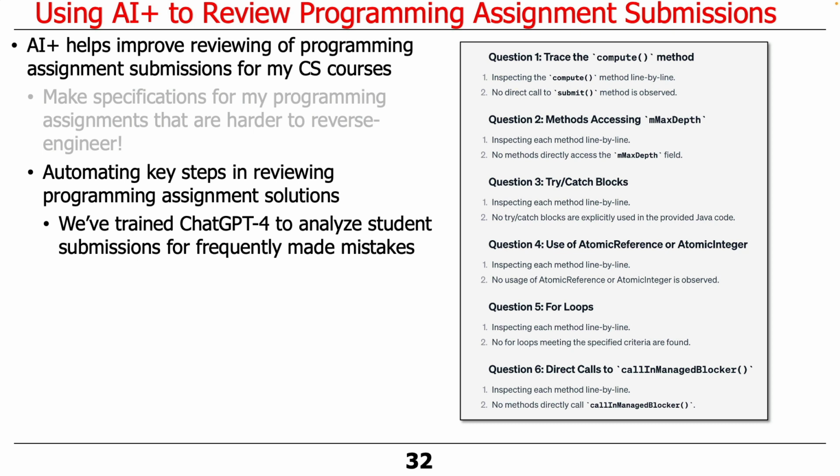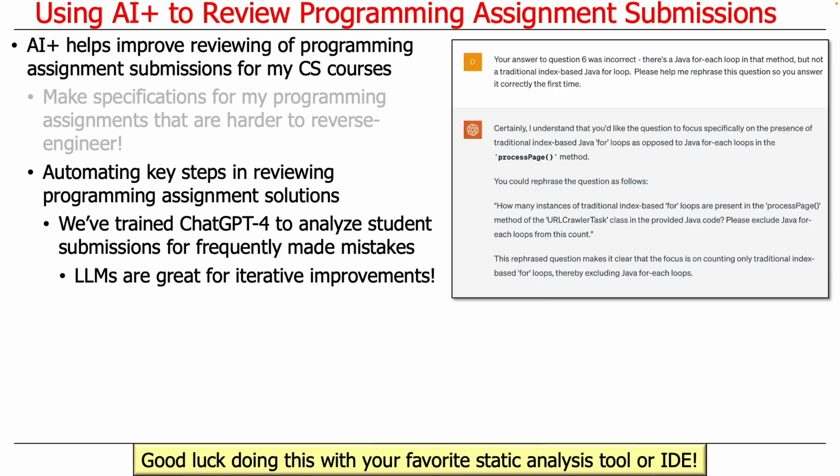And then they also said, make sure that you work with ChatGPT when it fails to find the things it's looking for. Work with it. Ask it questions. And this is really cool. So what I did was when it wouldn't do something correctly that I knew needed to be found or not found, and I knew was in the file, rather than throw up my hands and say, large language models suck, I engaged in a dialogue with ChatGPT. I would say, your answer to question 6 was incorrect.